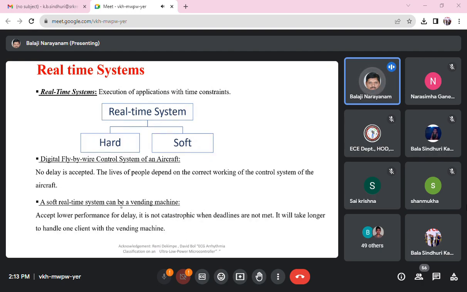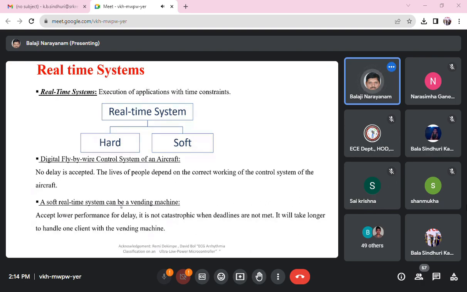When it comes to the soft real-time system, you can take an example of a soft drink vending machine, where I deposit an amount, and the vending machine dispenses the required soft drink. So there, even some time delay can be accepted, and there won't be any catastrophic effect, even though the deadlines are not met.